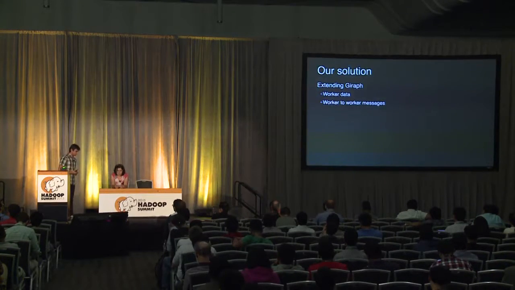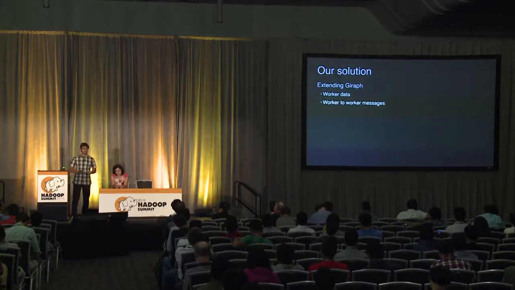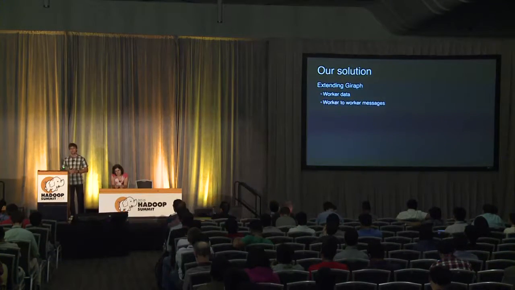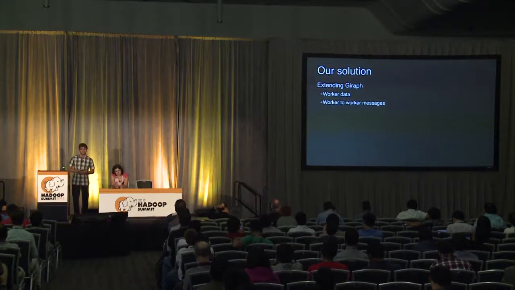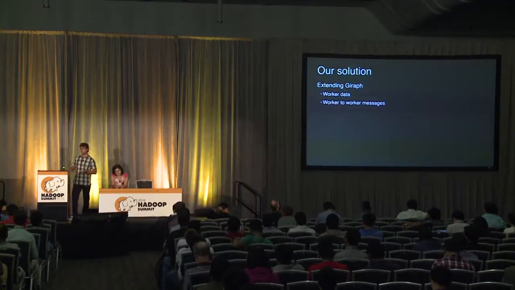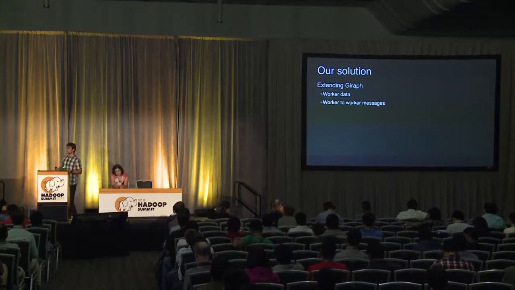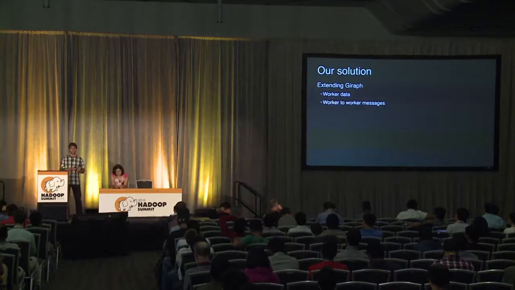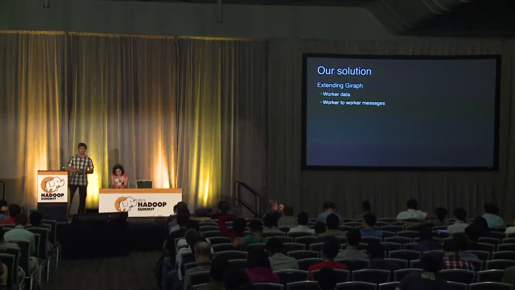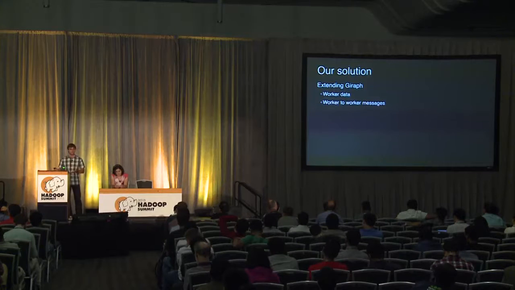So we had a couple of unsuccessful tries at modeling this problem better to overcome the problems that we explained on the previous slide. Finally, we decided to extensively use worker data and to extend the Giraph framework to allow worker-to-worker communication. As Maya previously described, vertices were the only ones who could send messages to each other, and now we allowed workers to do that as well.